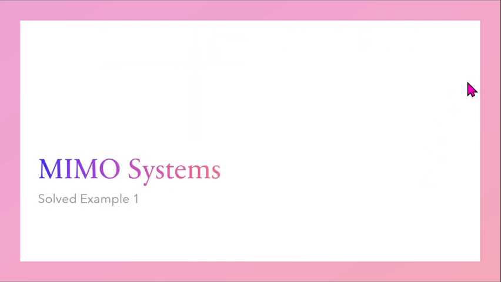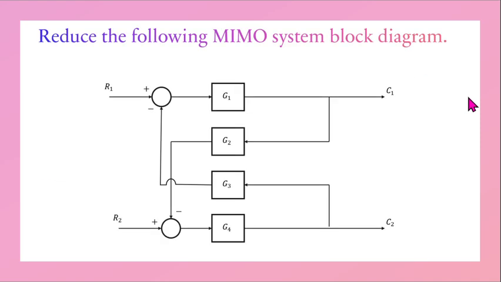And now let's start with the example that we want to discuss after we review the basic rules of block reduction. In this example we have two inputs, R1 and R2, and two outputs, C1 and C2.